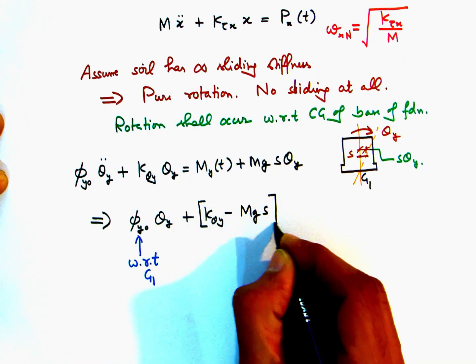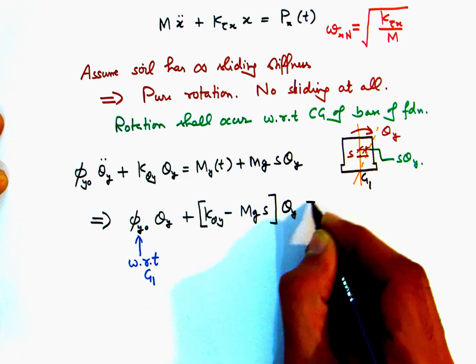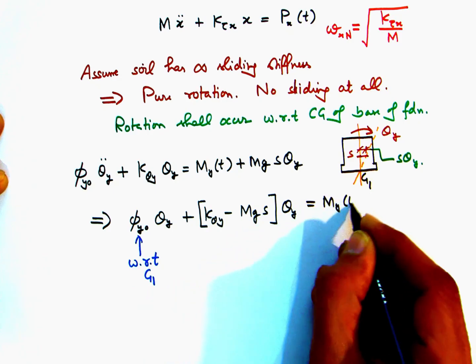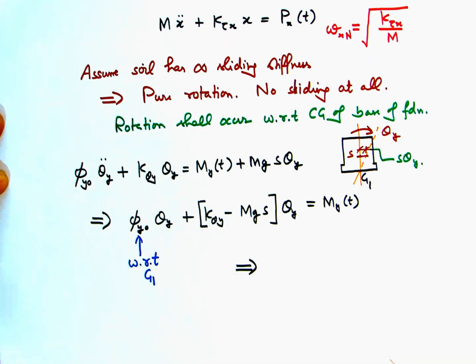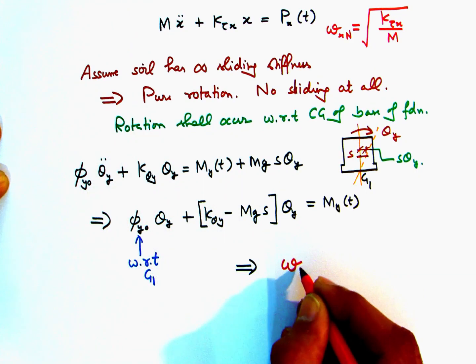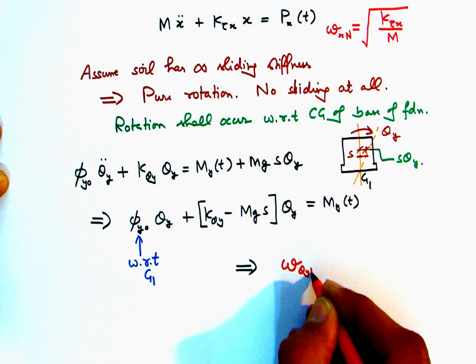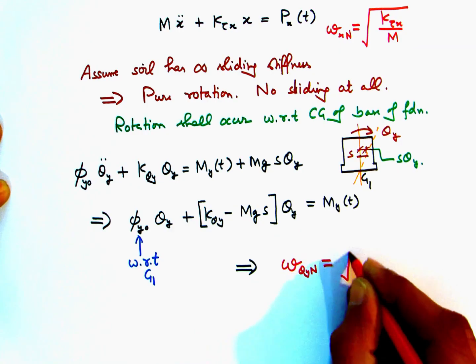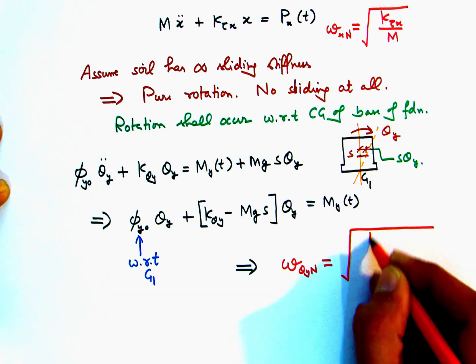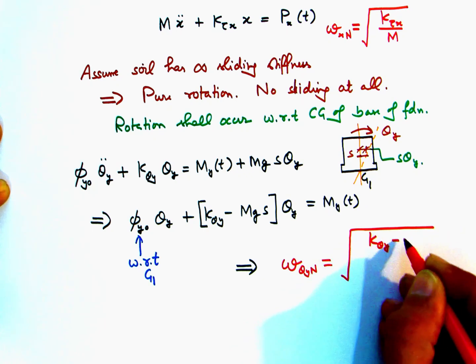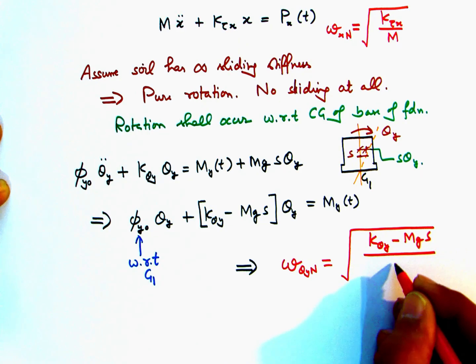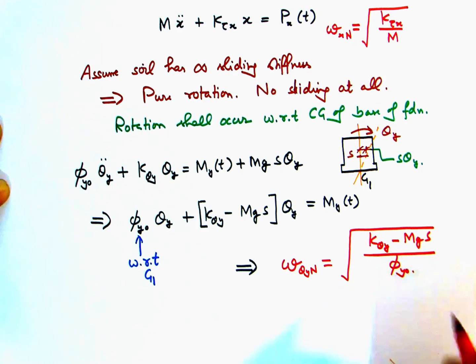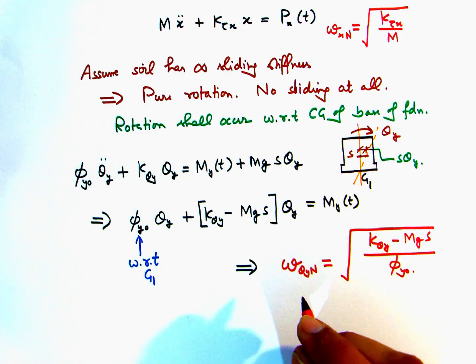So now the equation can be written in this form. We are bringing mgs theta y to the left hand side and clubbing it with the stiffness. So it is as though the overall stiffness of the system has reduced. For this particular case, the limiting frequency for rotation can be expressed as shown here. It's the square root of, in the numerator, k theta y minus mgs.